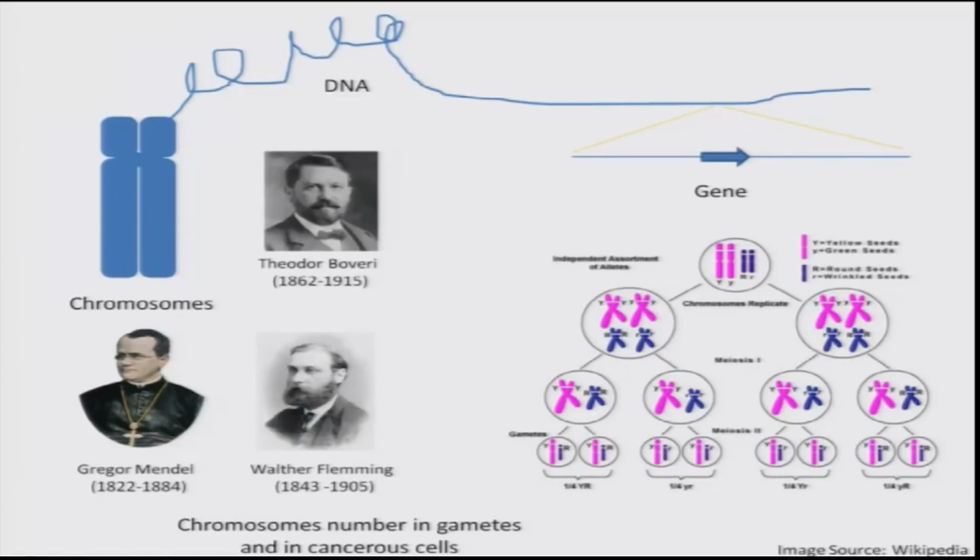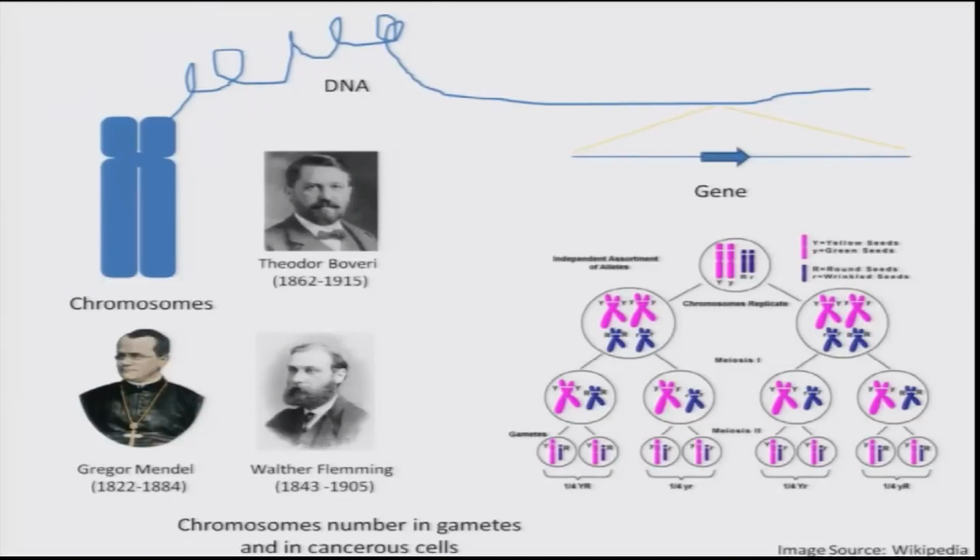And then came another person, Boveri. Again phenomenal. He looked into the chromosomes, and he looked into what is called meiosis, how cells divide in the germ cells that make gametes. So he looked into the reductional division, whereas Fleming looked at mitosis, the normal cell division.